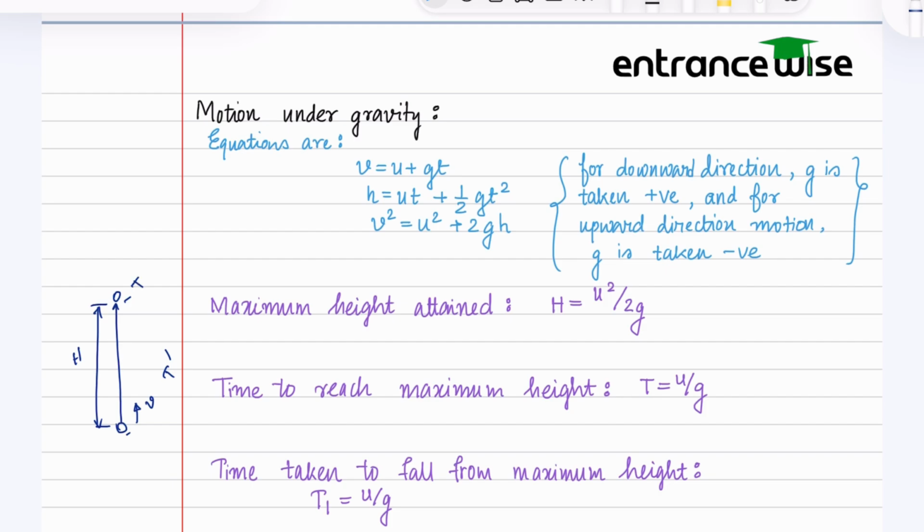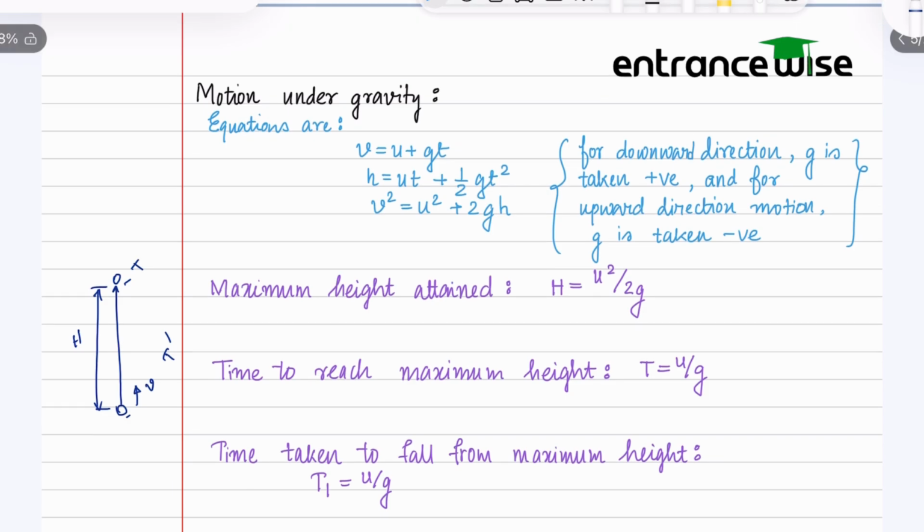So let's talk about maximum height attained. The maximum height h is the highest point reached by an object in its trajectory. At this point, the final velocity is v equal to 0.